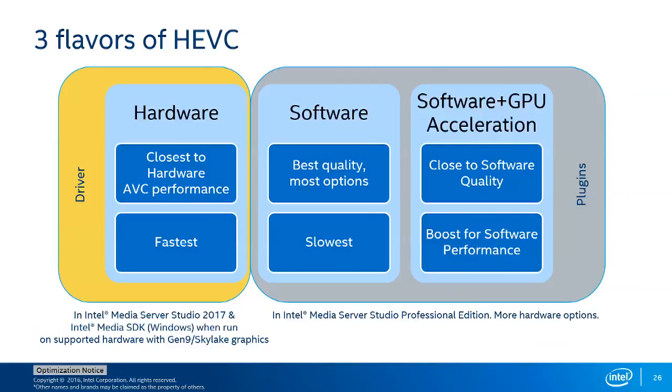They're not quite as fast as the full hardware version, but they can be a great option when more quality is needed. And all these flavors of HEVC appear as plugins in Media SDK. You differentiate them with a UID. In the samples, the Skylake driver full hardware accelerated version is set up as the default.